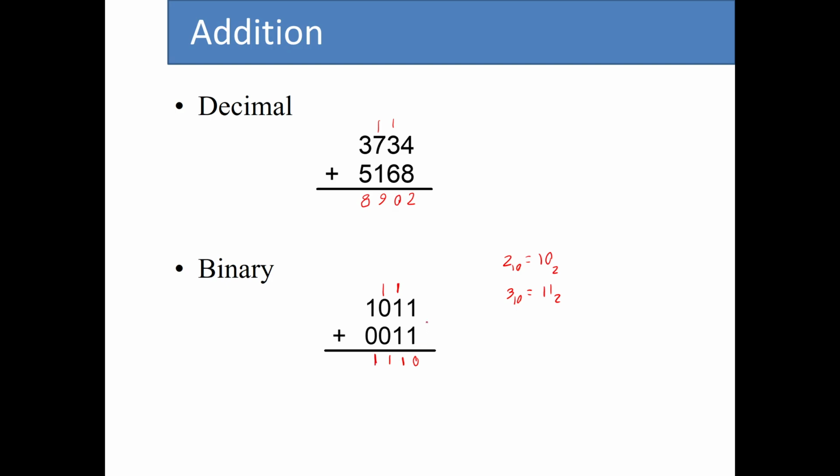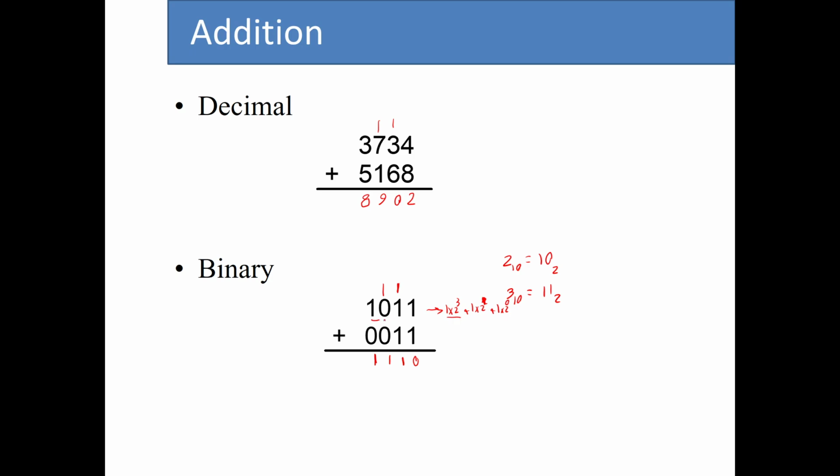So let's double check to see if the result of this addition is true if we were doing decimal addition. So for the first number, we have 1 multiplied by 2 to the power 3.